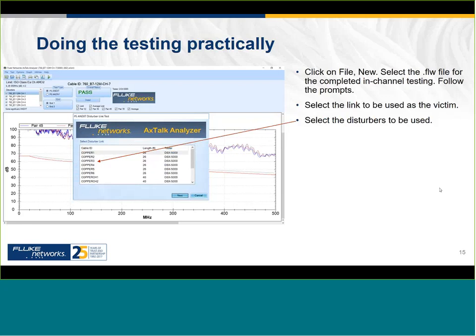If you then press Next, you'll be asked to select the disturbers to be used. You will then locate the disturbing cables that you identified earlier as being the most likely ones to cause alien crosstalk.